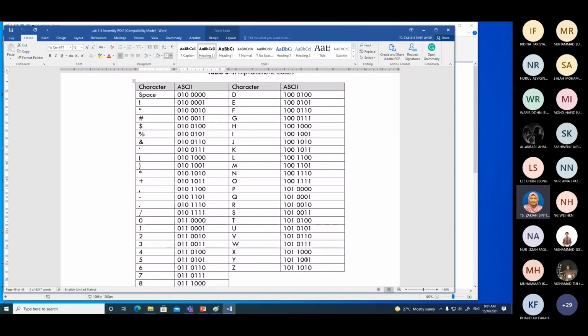When you run code in assembly, they can recognize the ASCII code. So when I type 1001011, the assembler will encode it to become K, or vice versa. This is only for hardware-based coding.